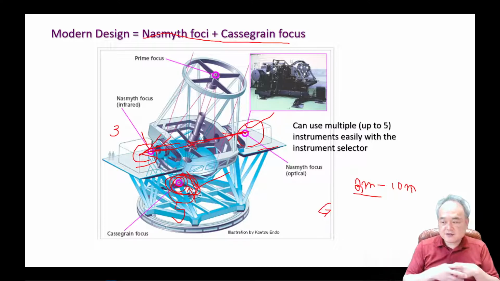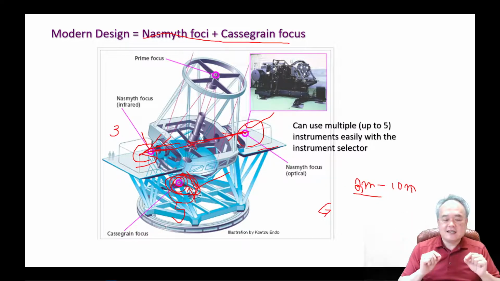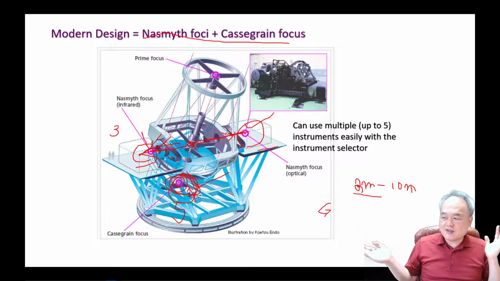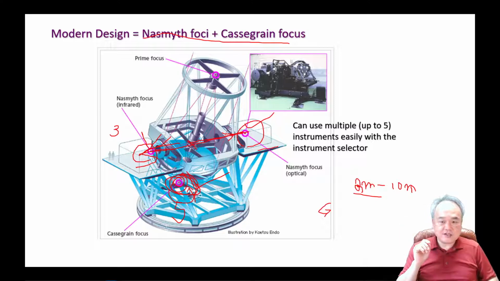So at any given time, there are about 5 to 7 instruments that can be selected. Changing observing instrument is a snap, maybe just a minute. 1 minute is enough to switch from one instrument to another.